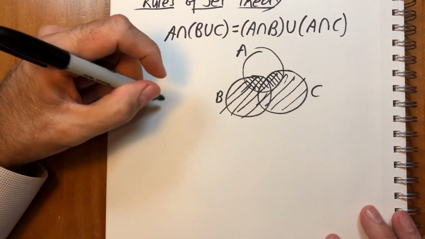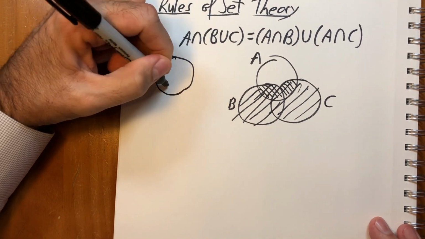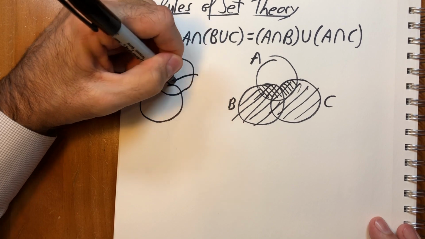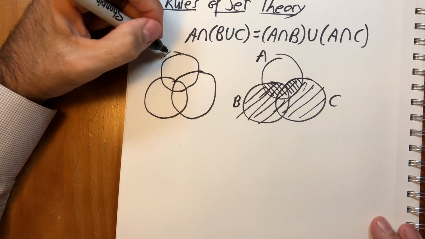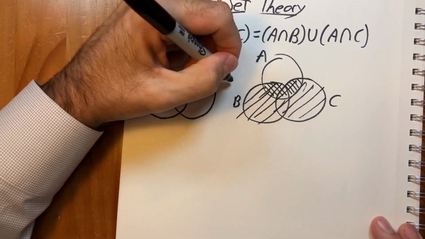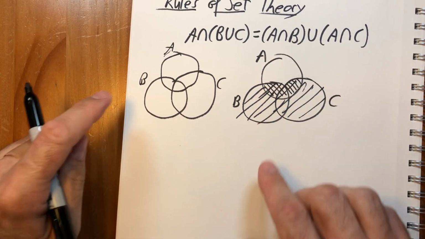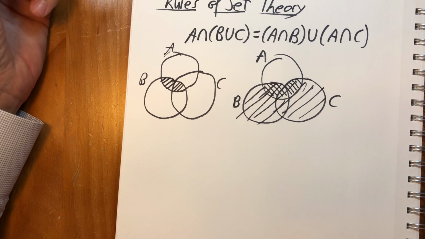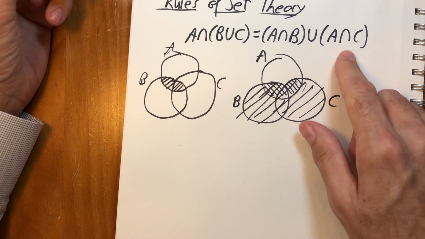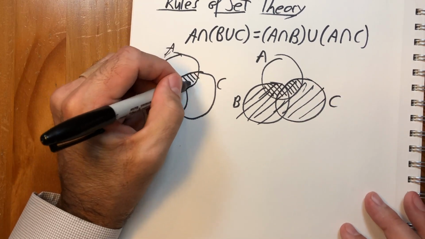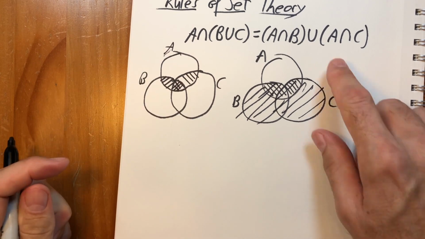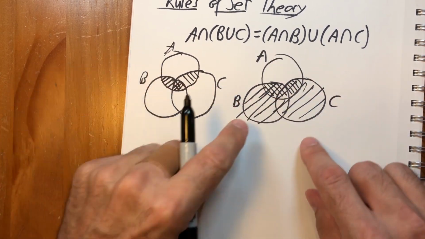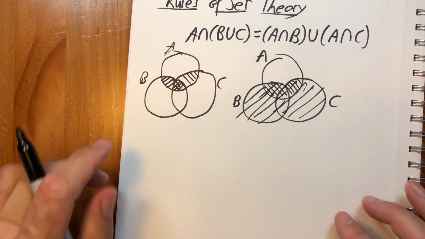And if we do it again, A intersecting with B is just this part, and A intersection with C is this part. So the union of these two would be this, so it's the same. We end up with this part, we end up with that part.